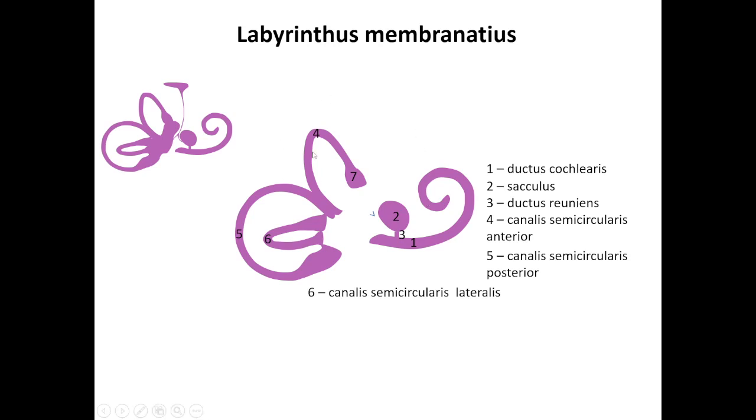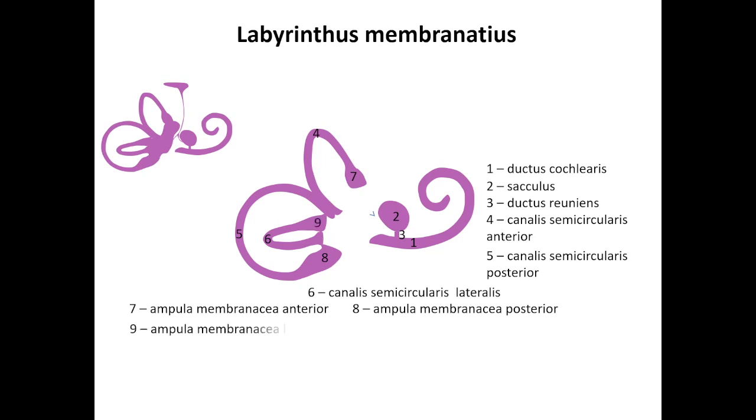Each canalis semicircularis has 2 parts. Ampullar part with widening of it. Number 7, ampulla. Ampulla membranacea anterior. Then ampulla membranacea posterior. Then ampulla membranacea lateralis.